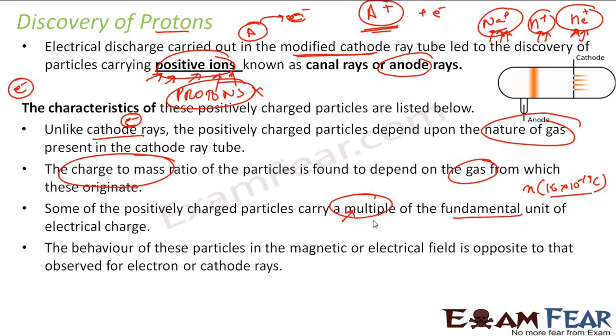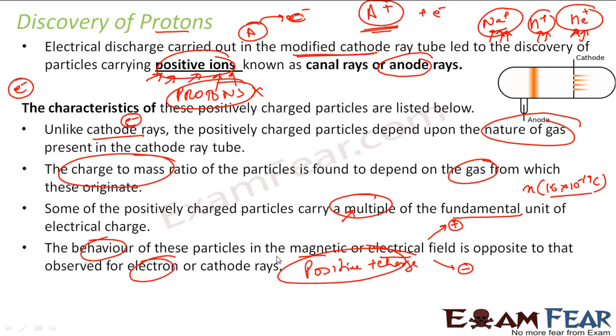And they found that the behavior of these particles in magnetic field and electric field is just opposite to that of electron. That means if electron was getting attracted toward positive, this guy is getting attracted towards negative. That means the particles we are talking about have a positive charge, because electrons have negative charge and this guy has positive charge.